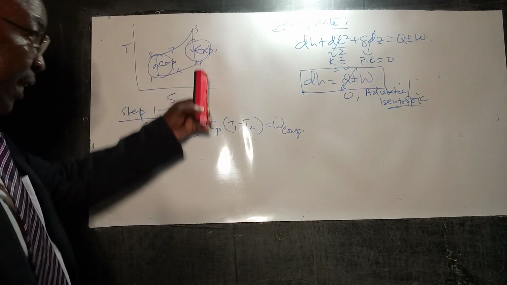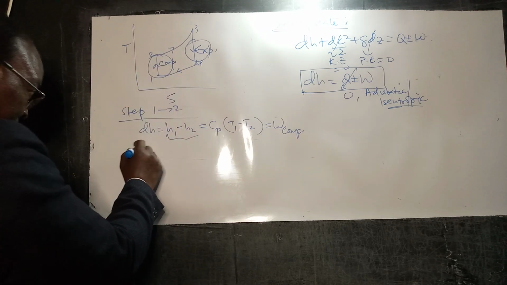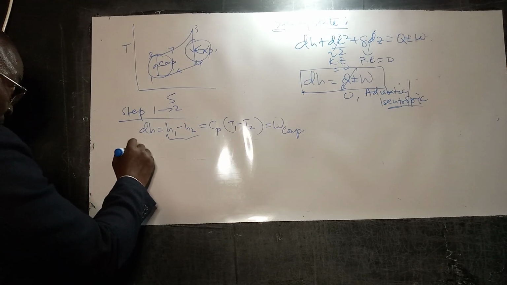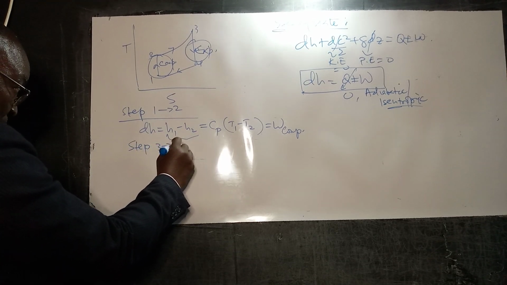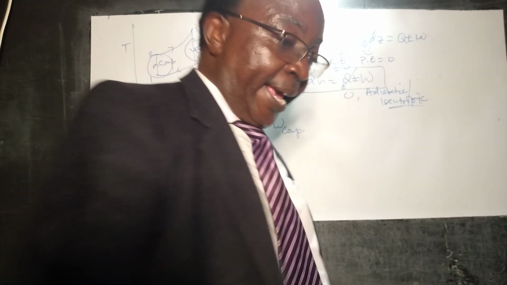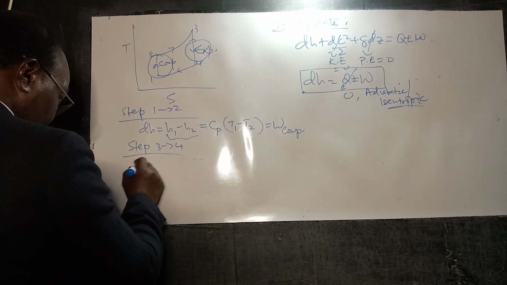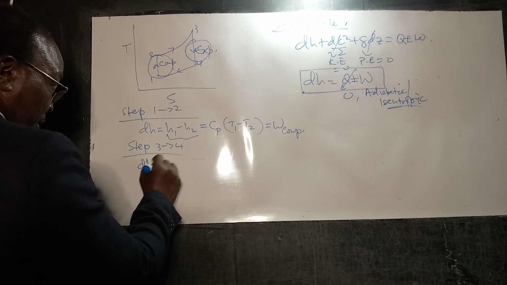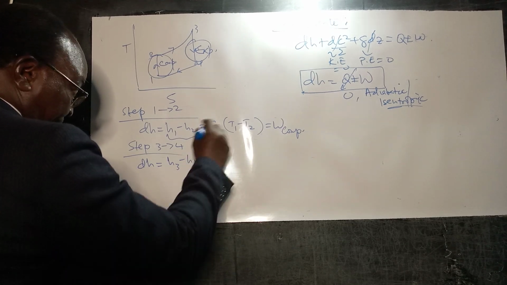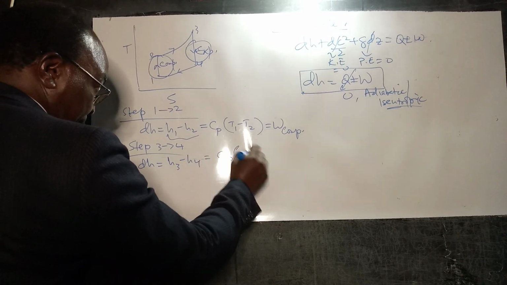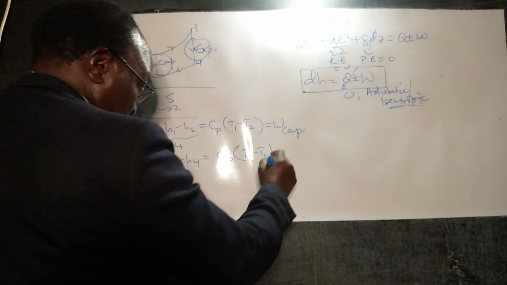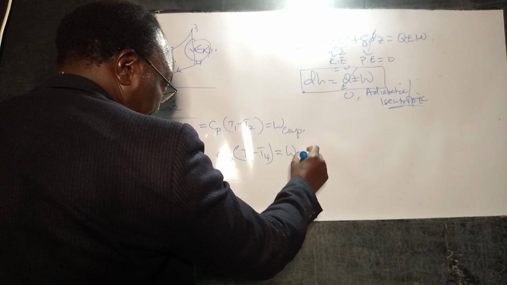And similarly for the turbine, step 3 to 4. For the turbine, again we use the same expression, dH is H3 minus H4, and that is of course Cp (T3 minus T4), that is W turbine.